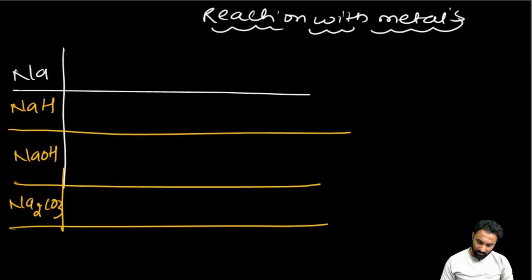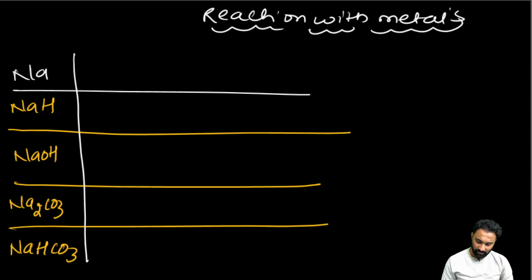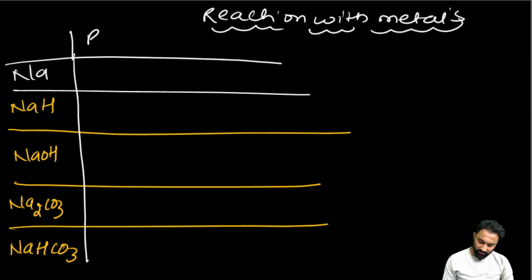Next, sodium bicarbonate. Clear? Right? Now, first one we are having the 1 degree alcohol.